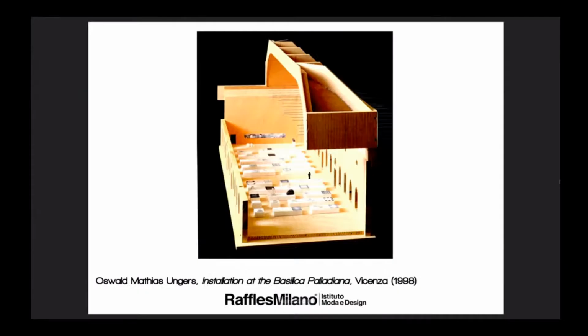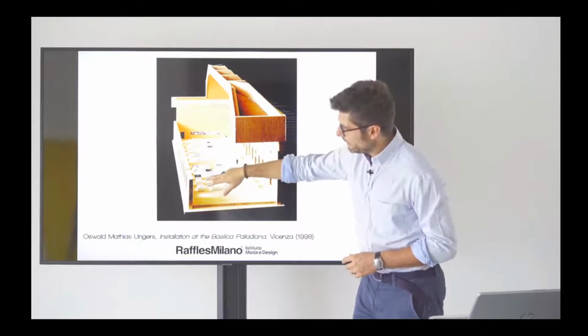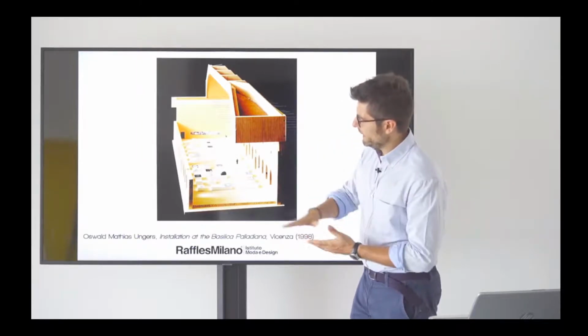Many times architects then pass to managing the space in a better way through the use of a model. Here we see the model of the Basilica Palladiana room by Oswald Mathias Ungers, so we recognize the section that we saw before, but studied now in a model where the regular tables that we saw on the plan are now laid.